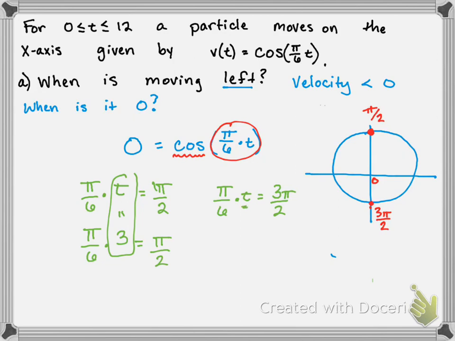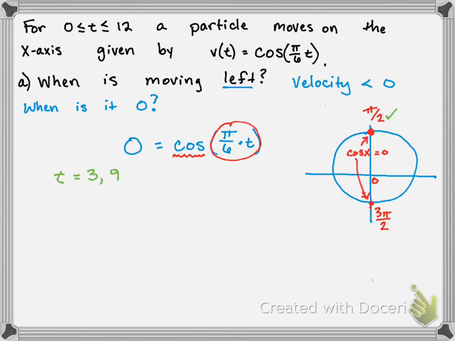What number here divided by 3 is 3? 9. So that would be a 9 there. So we have figured out that when t equals 3 and t equals 9, the velocity is 0. So I'm going to write that down. Velocity is 0.